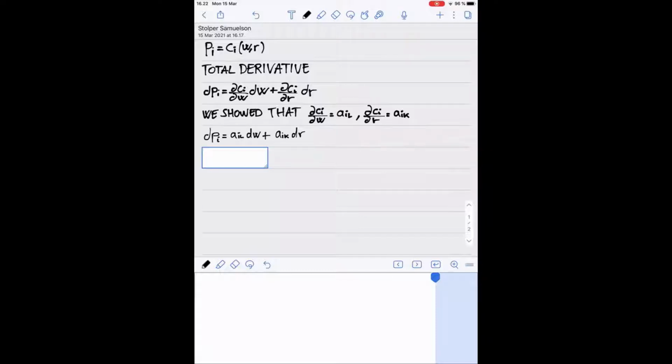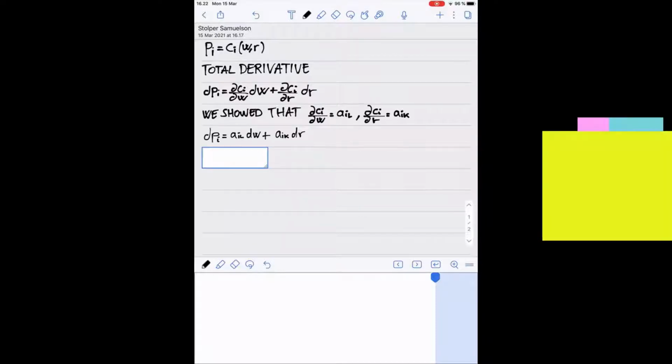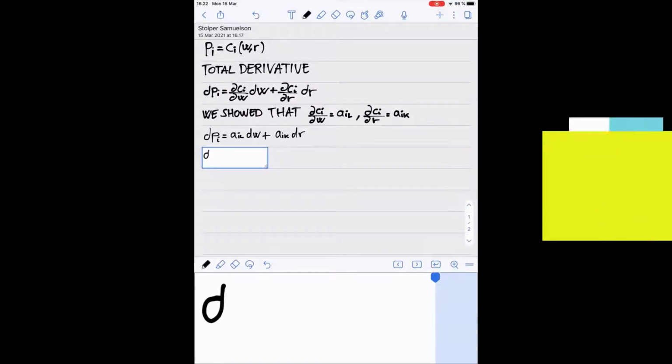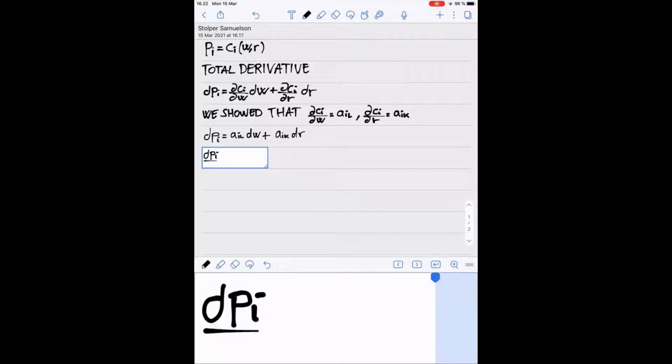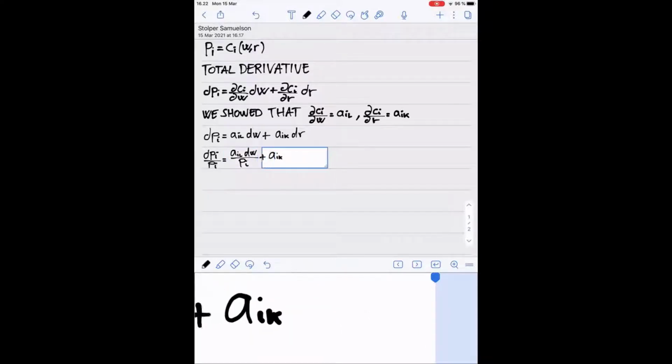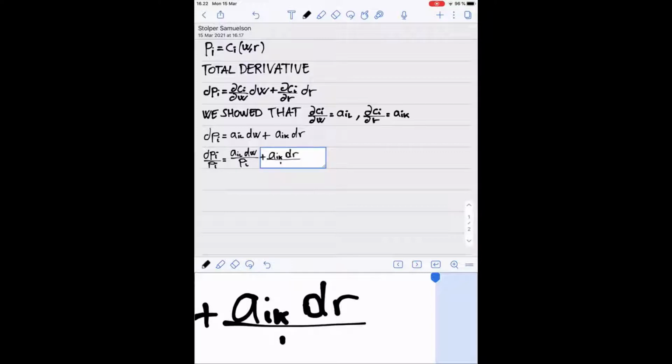So what we're going to do is, first of all, divide both sides of the equation by the price, so that we have dPi over Pi equals aiL dW divided by Pi plus aiK dR divided by Pi.